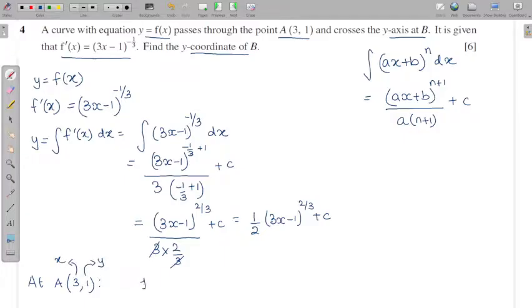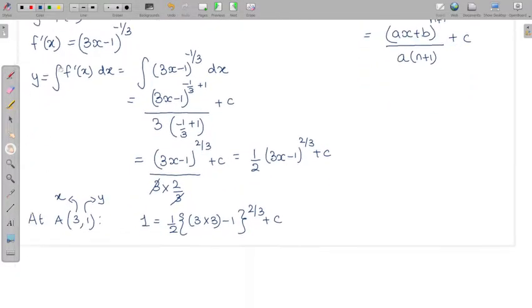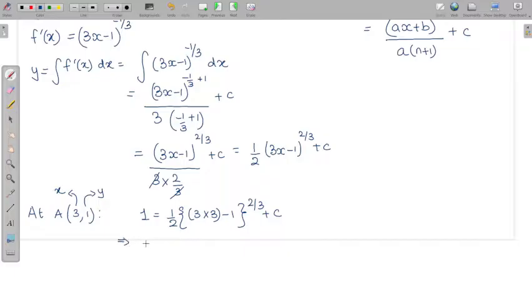So we can write that 1 is equal to half, bracket 3 into the x coordinate, which is also 3, minus 1, bracket close, 2 by 3 power, plus c. So this can be written as 1 equals half. So 3 times 3 is 9, 9 minus 1 is 8, so 8 to the power of 2 by 3, plus c.